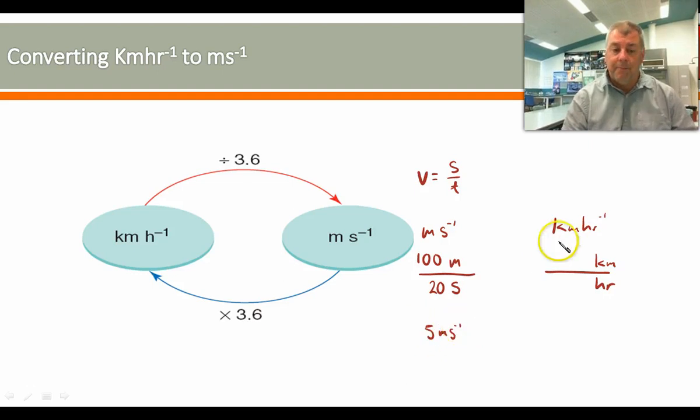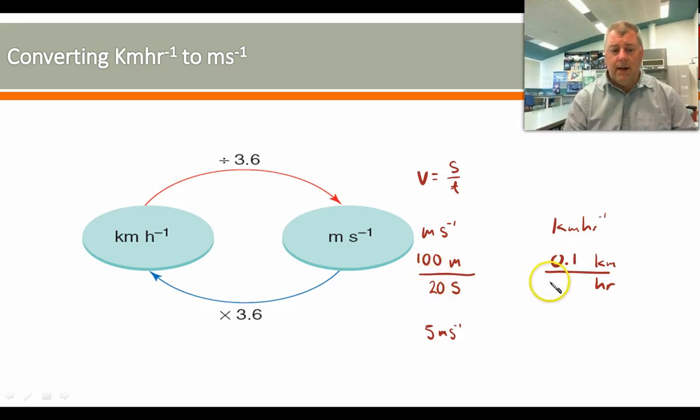Yeah, that was lucky. Now, to convert that into kilometers per hour, we could use this technique here if you remember it, but you may not remember it, and so it's a good idea to work it out. So what we do is we convert 100 meters into kilometers. That would be 0.1. And 20 seconds into an hour.